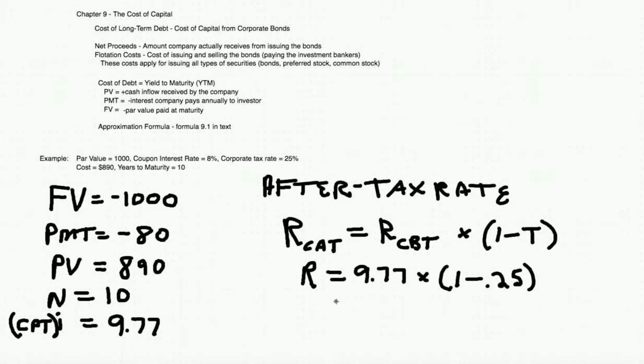So when we do the final calculation, what we're going to have is an after-tax rate of 7.33%. And this is what we would actually use as the cost of long-term debt for applying to our weighted average cost of capital.